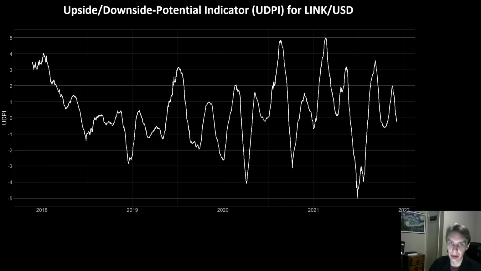Because if Bitcoin were to fall further, or break support at 53K and fall even further than that, altcoins are going to get absolutely wrecked relative to Bitcoin. Altcoins are not going to do well in that scenario, and I would expect Link to follow suit. I don't see any reason why Link wouldn't also correct pretty heavily if Bitcoin were to fall to those lower levels that it theoretically could fall down to.